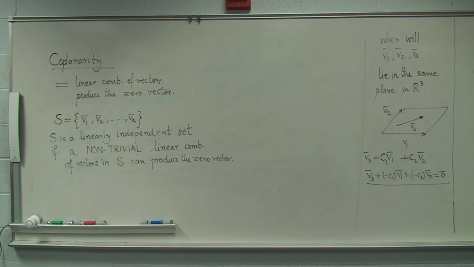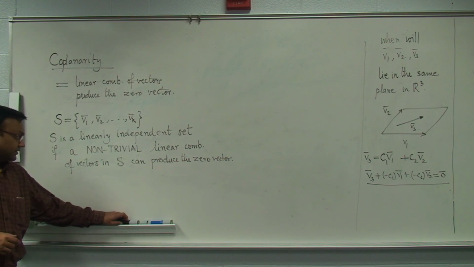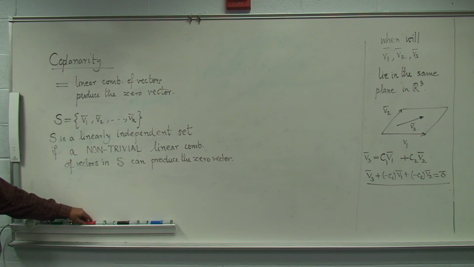So we are saying that a set would be a linearly independent set if a non-trivial linear combination of the vectors in that set can produce me the 0 vector.